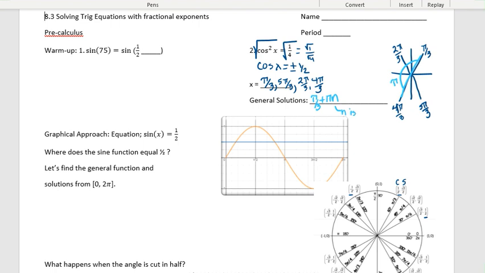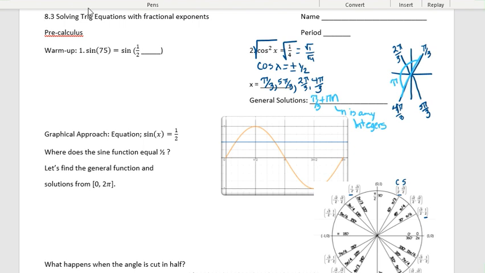N is any integer, and an integer is positive or negative 1, 2, 3, 4, 5, 6, 7, 8, 9, 10. Okay? Positive and negative whole numbers, you could say, including 0. Integers. Sorry, I stopped writing to talk. All right, so this is the first one.